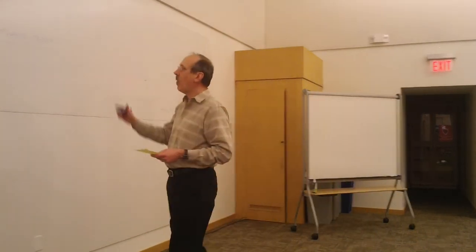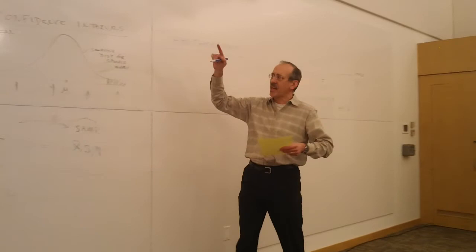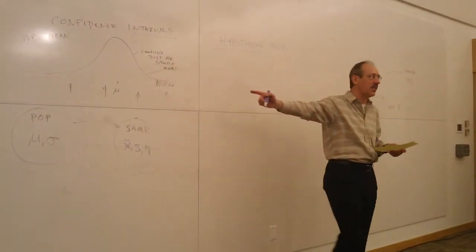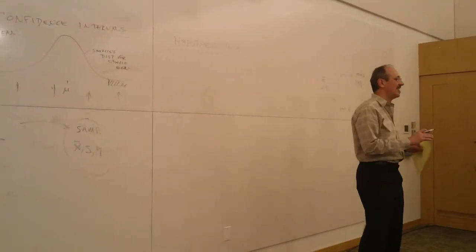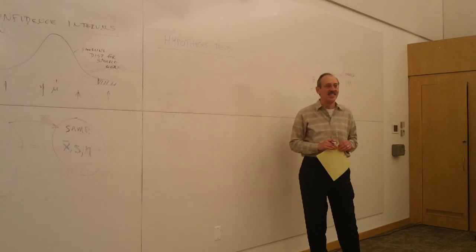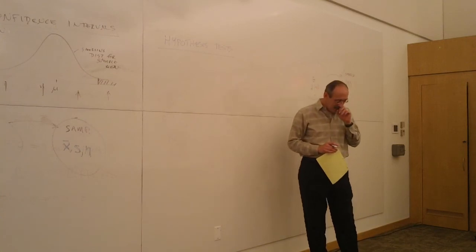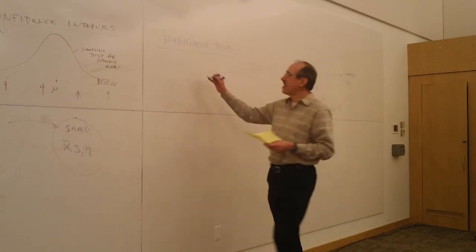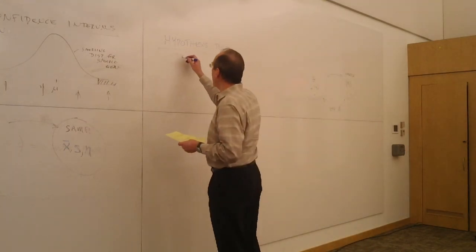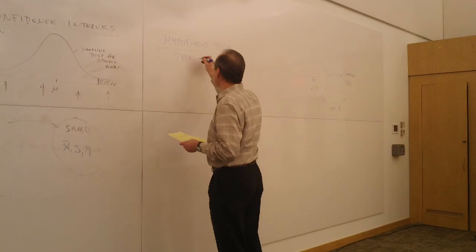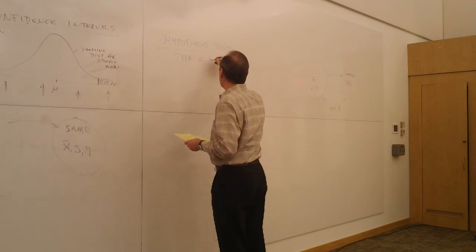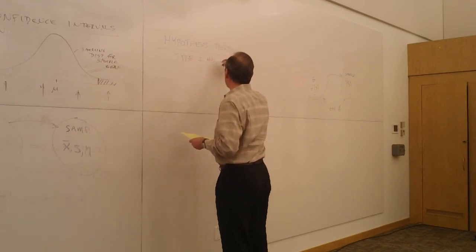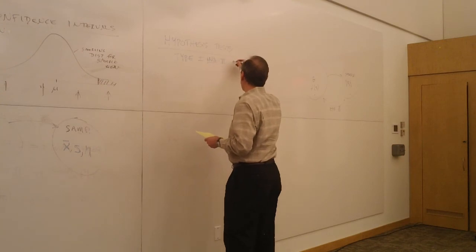Why would I use a hypothesis test when I have a perfectly good confidence interval? Good question. The answer is we're able to do stronger kinds of tests. We have type 1 and type 2 error analysis.